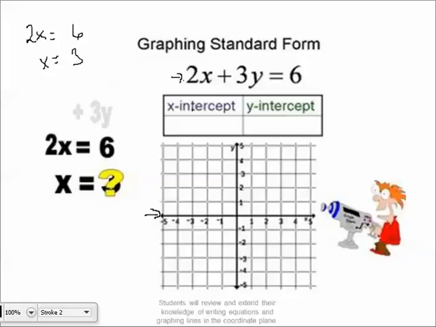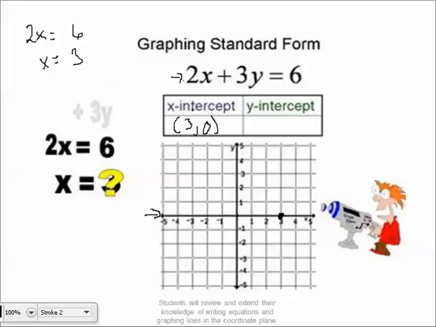My x-intercept in this situation is going to be at the point (3, 0), because I'm going to go over 3 and not up any. It's right there, (3, 0). Okay? Well, what about the y-intercept? Y-intercept's just as easy. If it's a y-intercept, that means we don't go right or left any. That means x is equal to 0.